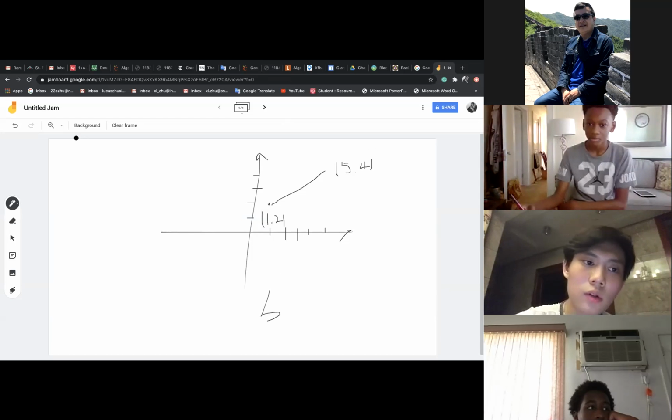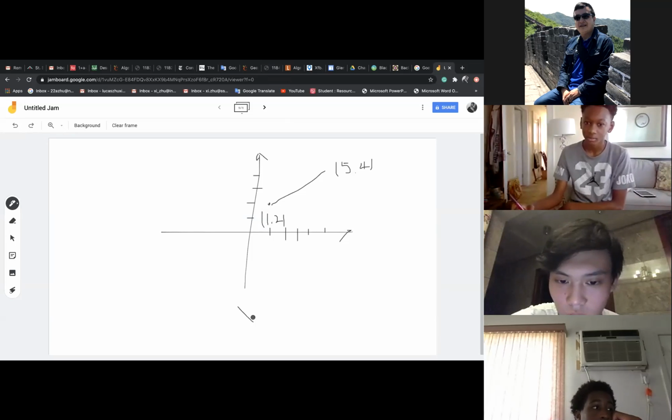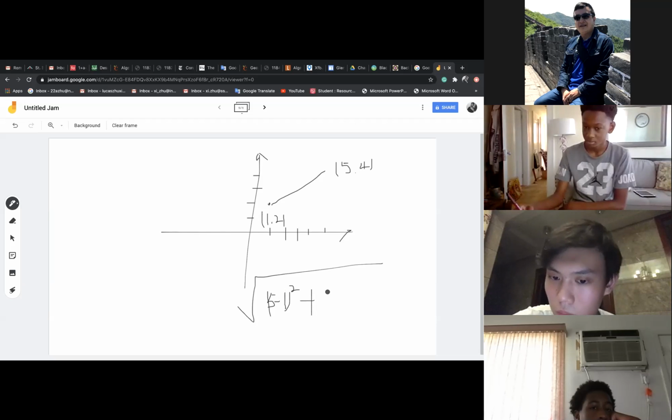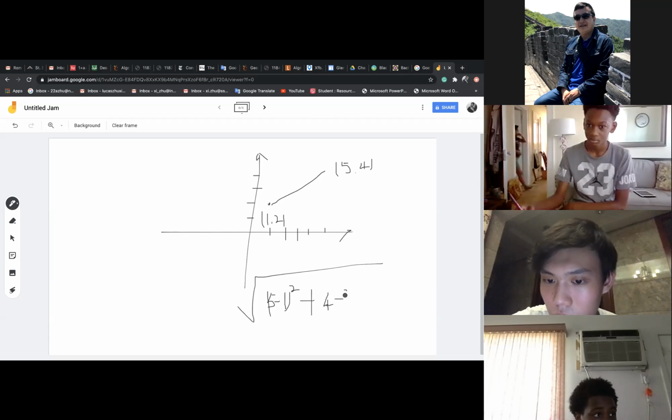The entire square root of 5 minus 1, and you have to remember to square it, right? Plus Y2, 4 minus 2, and then you square it.